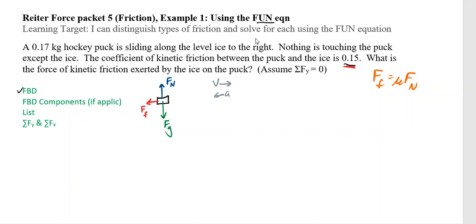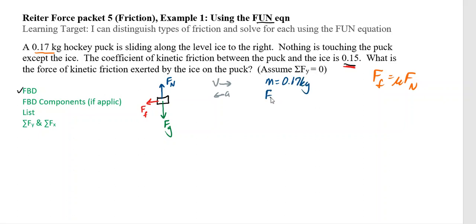So let's see. I have the mass of the object is 0.17 kilograms. I can figure out the weight from there. It looks like I need to solve for the normal force, though. So let's go ahead and do that. My next step is making my list. Let's see. I've got the mass is 0.17 kilos.